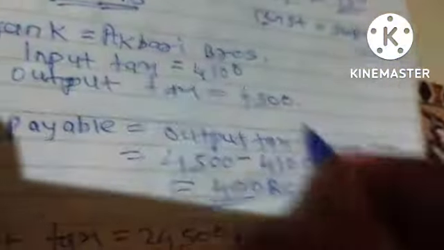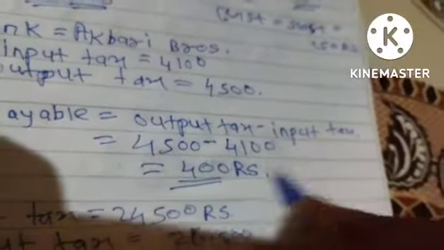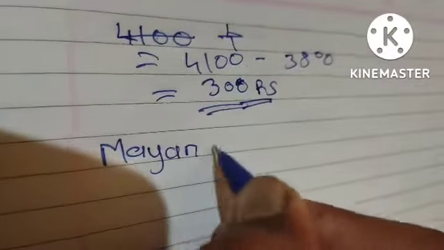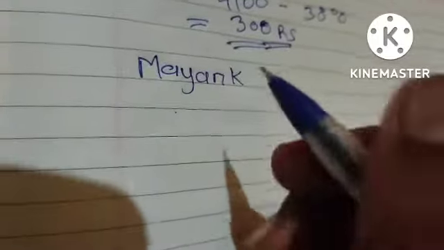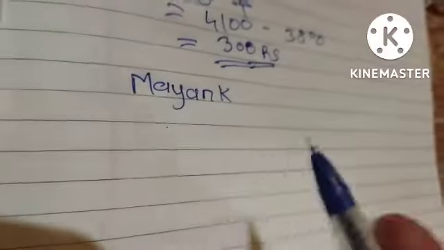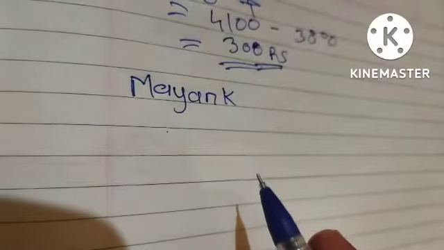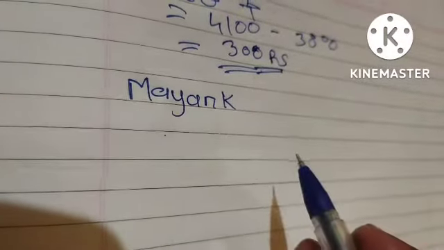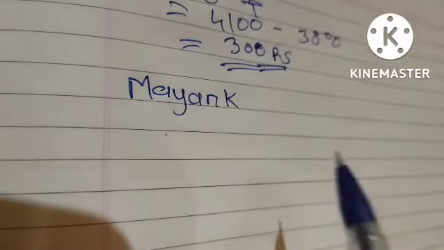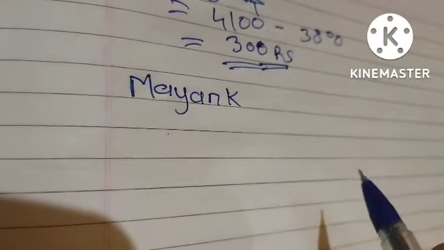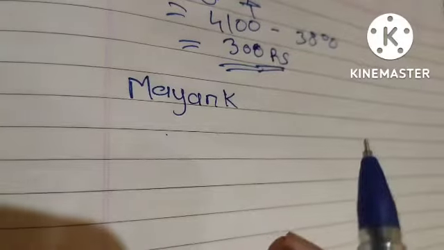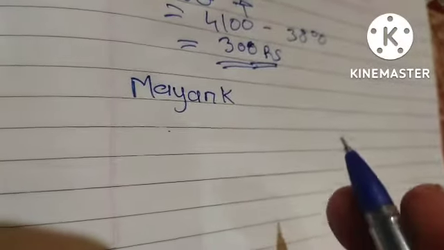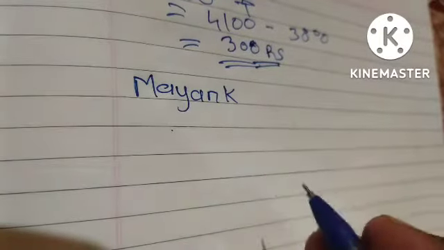Now for Akbari Bros, Mayung Food Corner purchased these bottles from Akbari Bros and paid GST of 4,500. That means Akbari Bros purchased the bottles from Amir Enterprises with GST of 4,100.